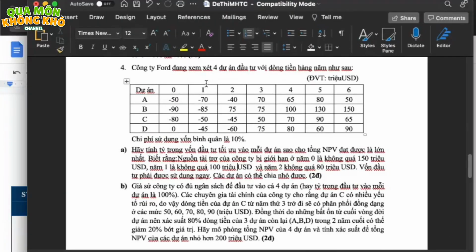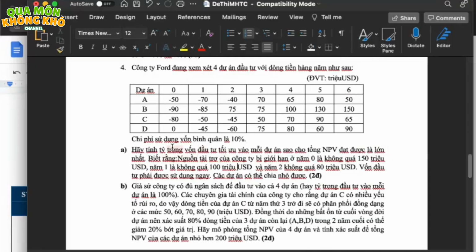So I will summarize some main information from this case. The company is considering 4 projects with the cash flow as below. You can see we have 4 projects A, B, C, D, with detailed cash flow from year 0 to year 6.